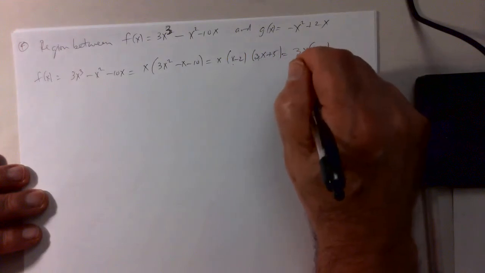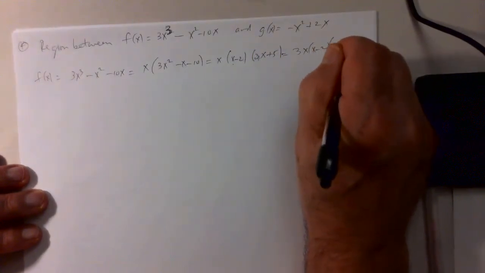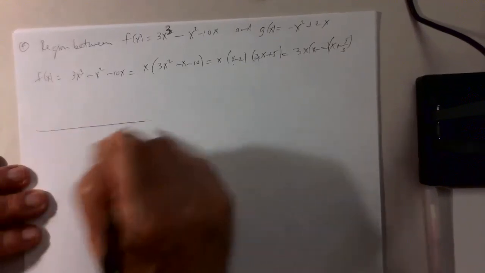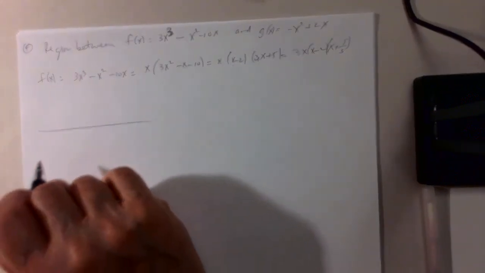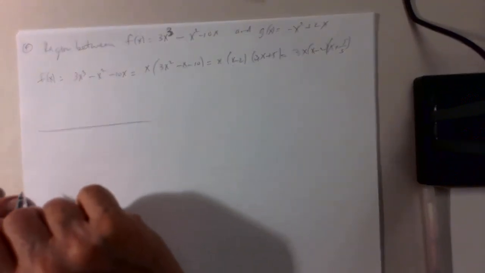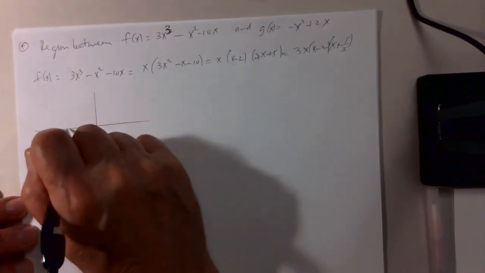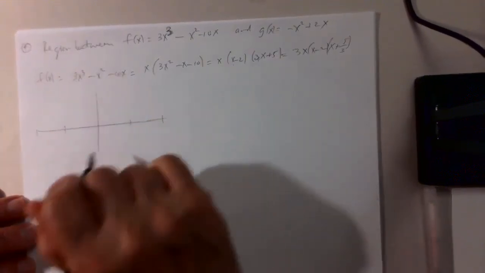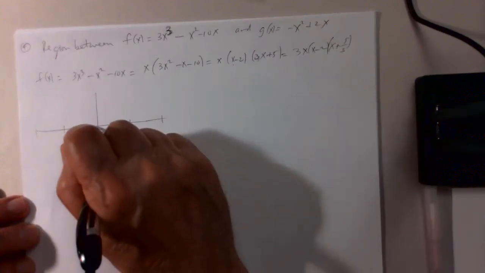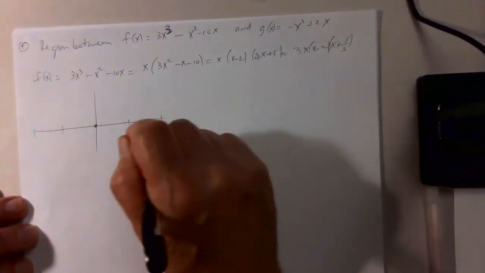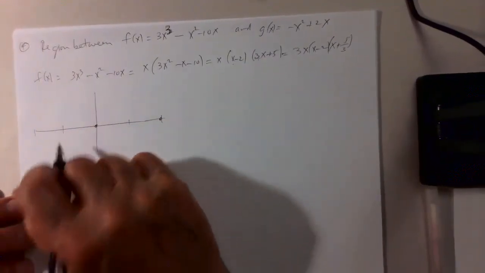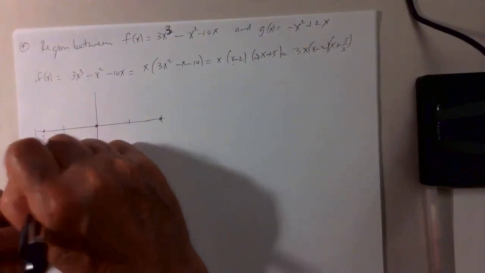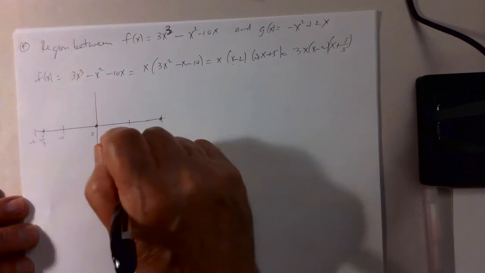Let me factor out a 3, x plus 5/3. So that says if I graph the cubic, it's equal to 0 at 0, at 2, and at negative 5/3.